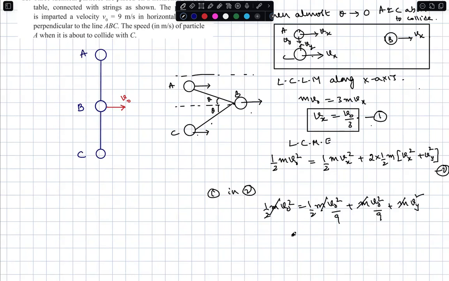Cancel. Finally, v0 square times 1 by 2 minus 1 by 18 minus 1 by 9 is vy square.